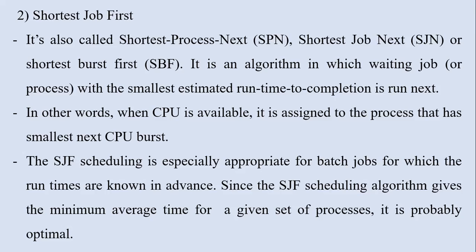The SJF scheduling is especially appropriate for batch jobs for which the runtimes are unknown in advance. Since the SJF scheduling algorithm gives the minimum average time for a given set of processes, it is probably optimal.